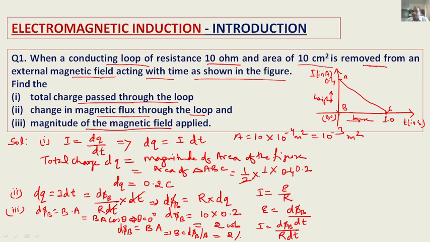So the magnetic field will be equal to 2 into 10 to the power of 3 Tesla. It is the magnetic field.